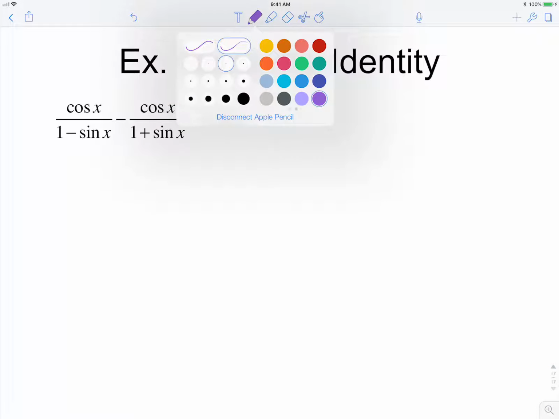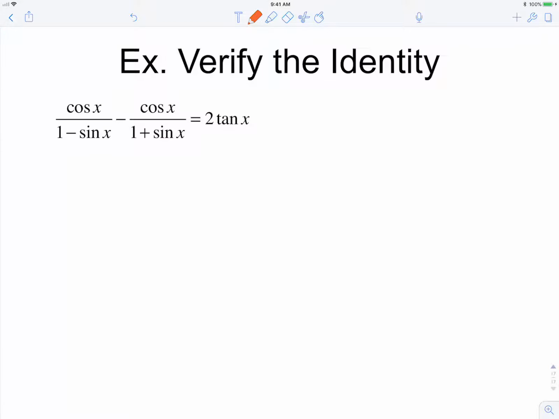Okay, last one. Okay, I'm thinking left-hand side. So I'm going to multiply the first fraction by 1 plus sine over 1 plus sine.